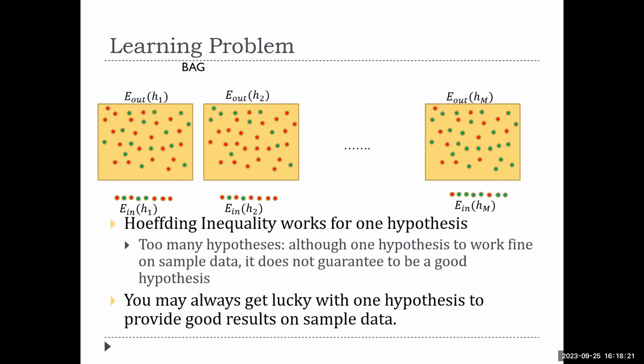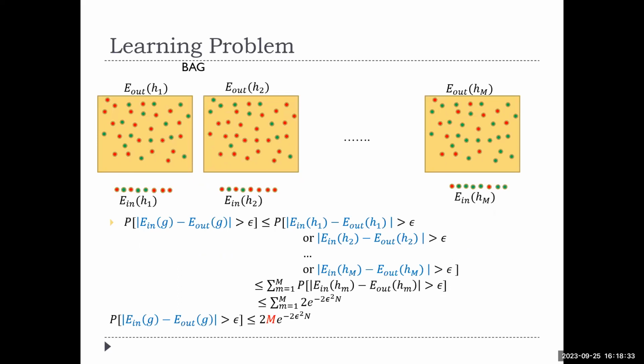So this is what we are actually working on. So we have multiple hypotheses. How do we guarantee to limit the error if we are working on multiple hypotheses? The only way is to make sure that our idea works.